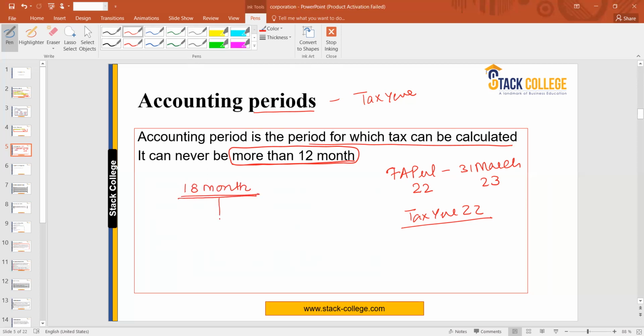So we have to split this period into two parts. The first one is always a 12-month period, and the next one is a short period of 6 months. And remember, the first one must be a 12-month period.